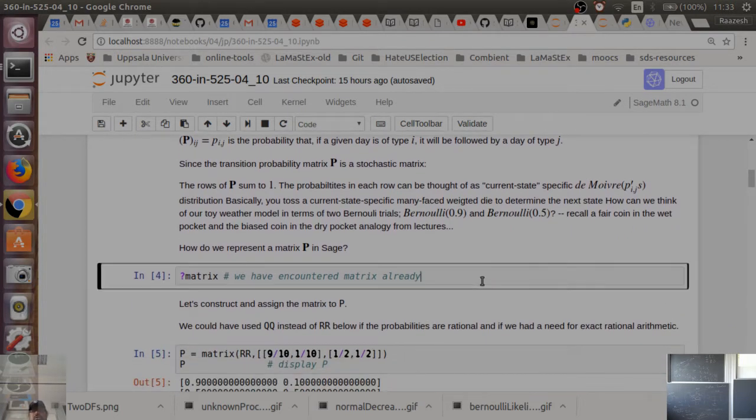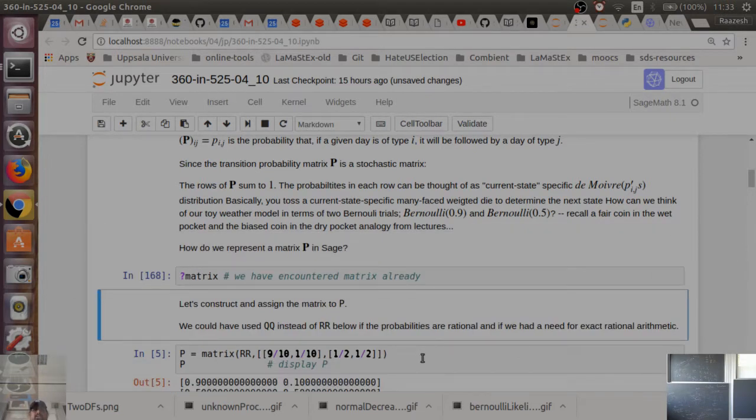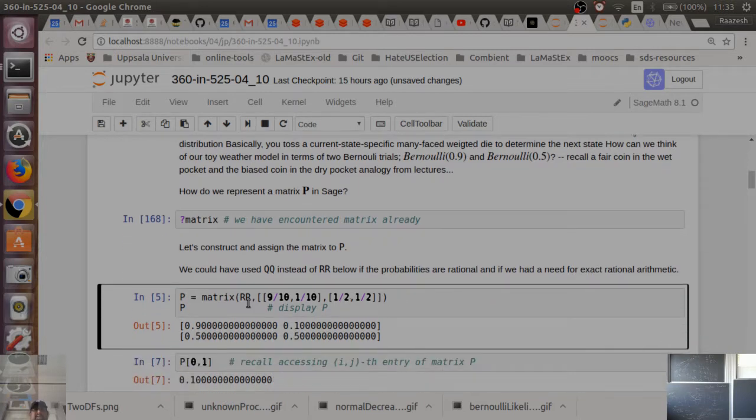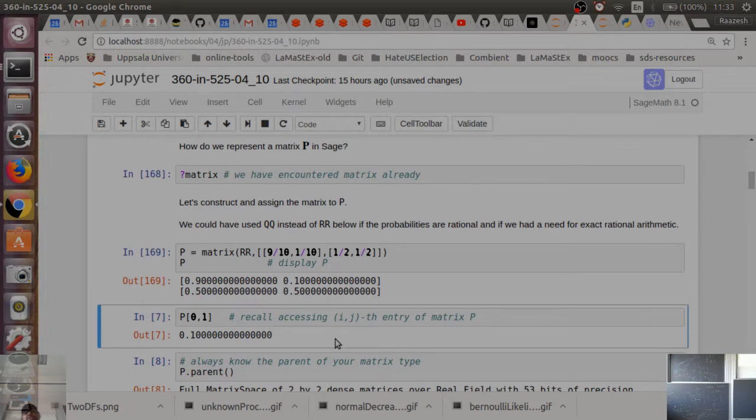And how do we represent a matrix in Sage? We played with matrices before when we were doing modular arithmetic. So I'm going to have my matrix over RR, the multi-precision floating point real field, and I'm going to have a list of lists telling me what the rows are, right? 9/10, 1/10, 1/2, 1/2. So I could have used QQ instead of RR.